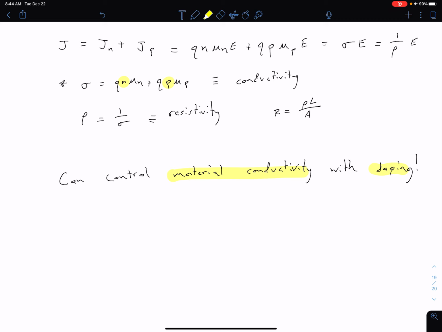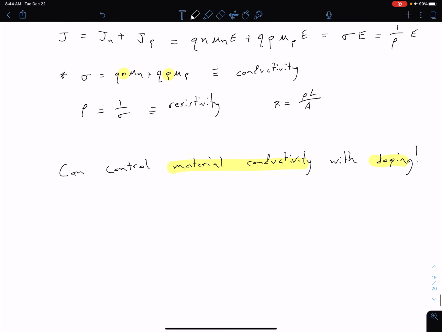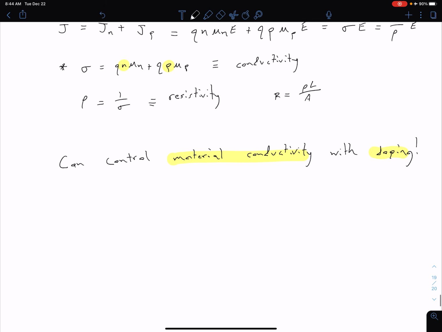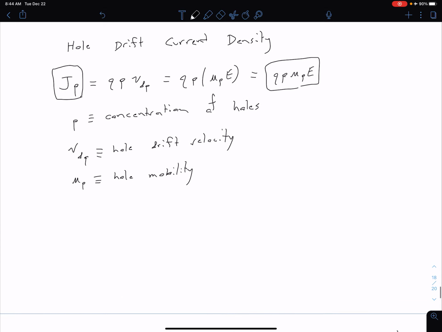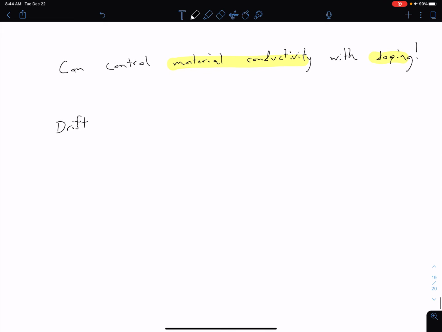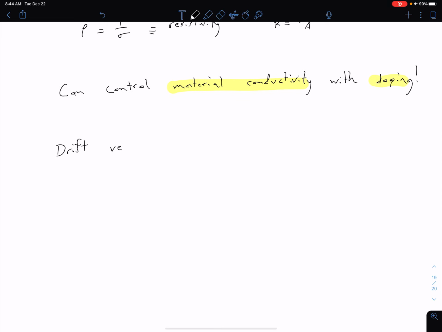So one other thing to note, in terms of this equation, there are physical limits that apply to this current density equation, and we're not going to get into it in this class, but I want you to at least be aware of it. So those drift velocity terms, V sub dp for our hole drift velocity and V sub dn for our electron drift velocity, are actually going to saturate at some value.